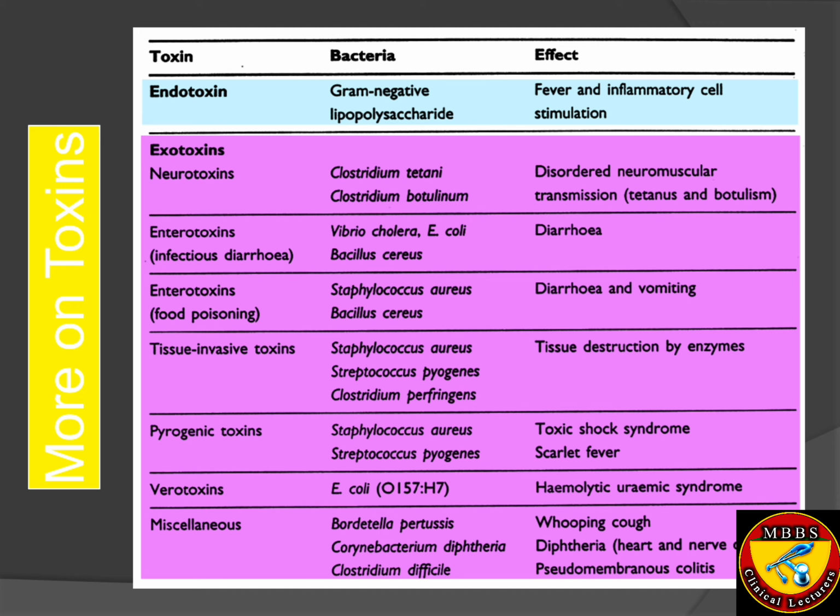Certain strains of E. coli secrete a toxin known as O157:H7, which leads to hemolytic uremic syndrome, and it's called a virotoxin. We also discussed Bordetella pertussis toxin, which causes whooping cough, Corynebacterium diphtheriae, which causes diphtheria, and C. diff toxin, which causes pseudomembranous colitis, usually from broad-spectrum antibiotic usage or in hospitalized patients.